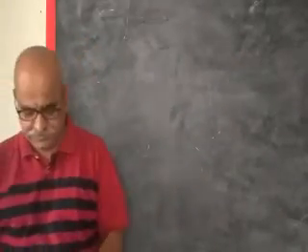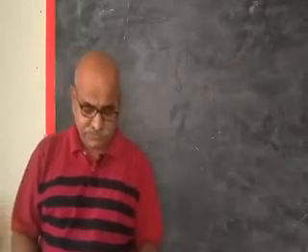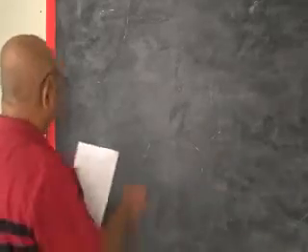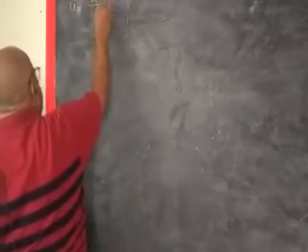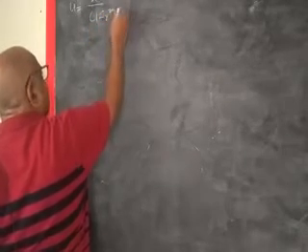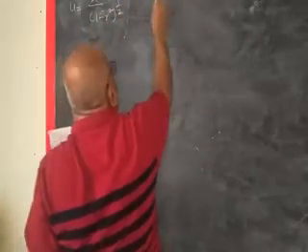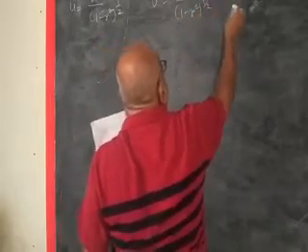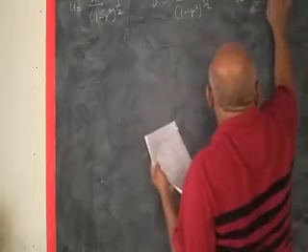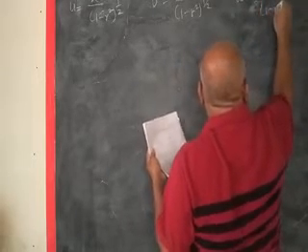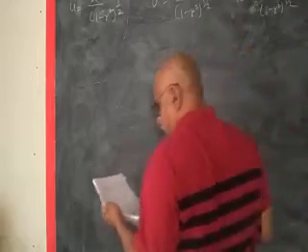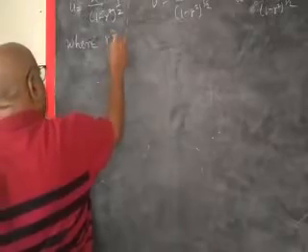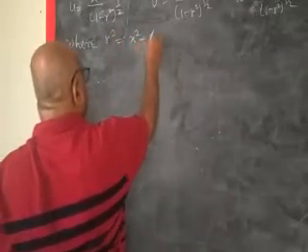Students, suppose u equal to x upon 1 minus r square raised to half, v equal to y upon 1 minus r square raised to half, and w equal to z upon 1 minus r square raised to half, where r square is equal to x square plus y square plus z square.